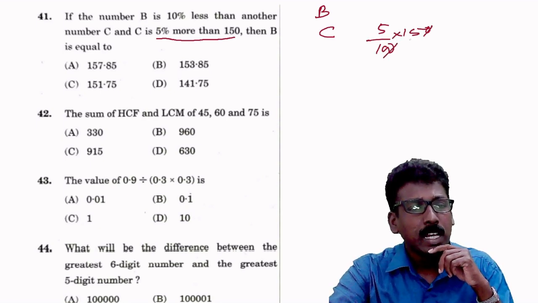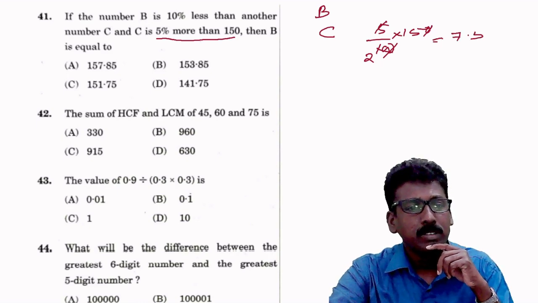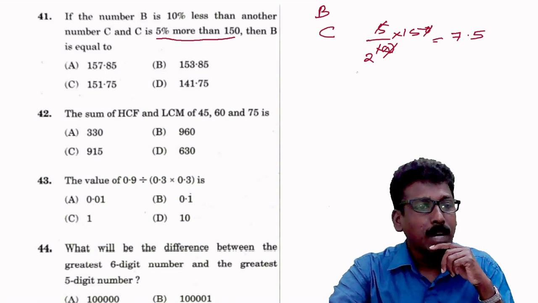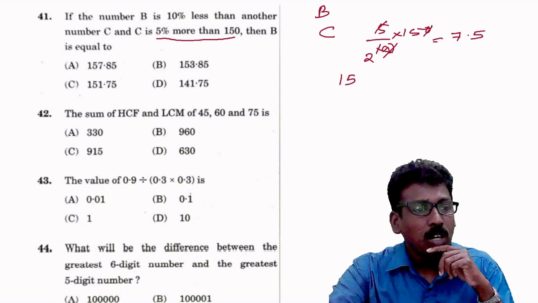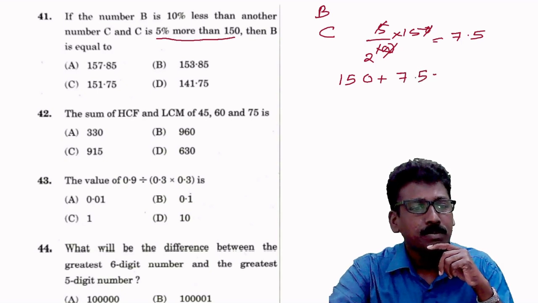So you can cancel in this way: 5 10s are 2 times 15 by 2. So it is 7.5. Now the number is 5% more than 150, which means 150 plus 7.5.